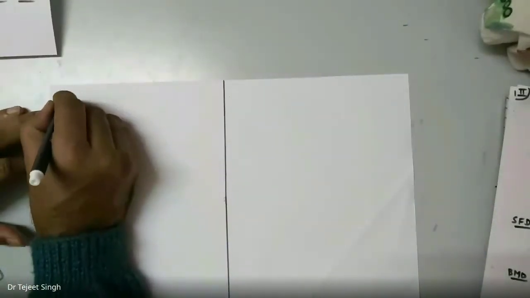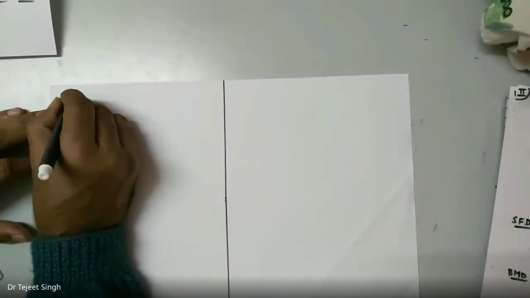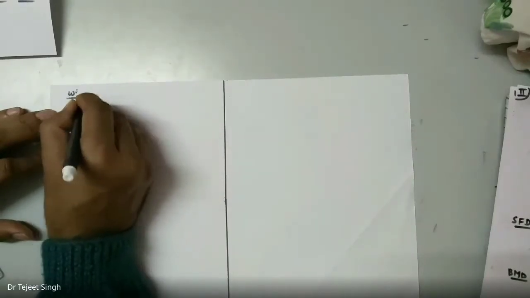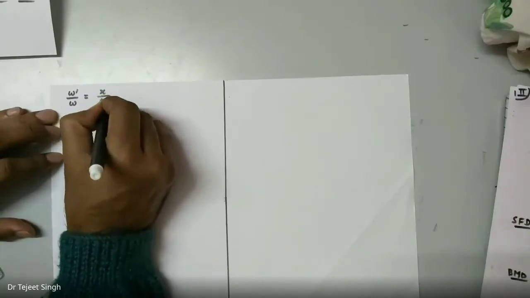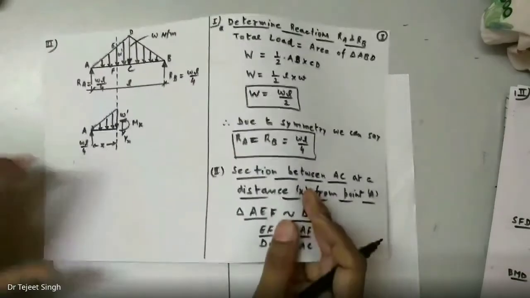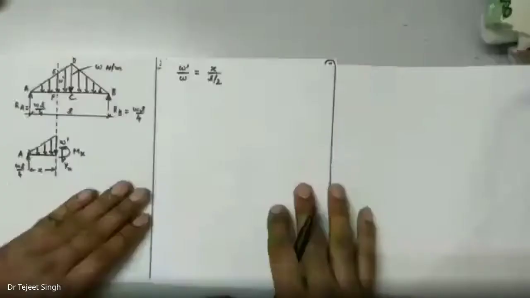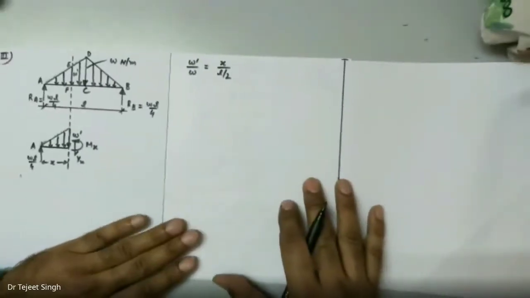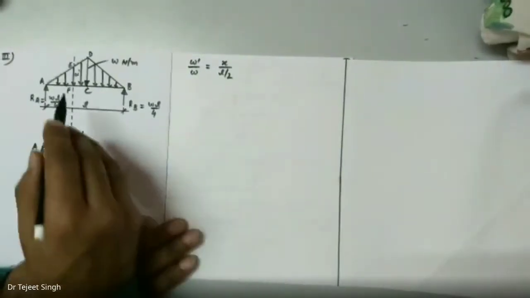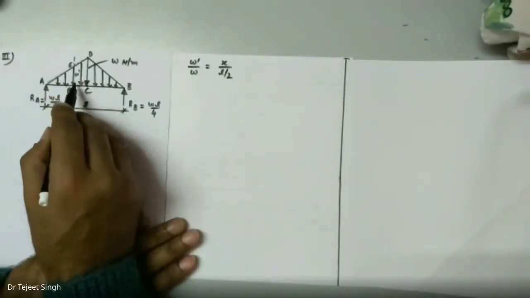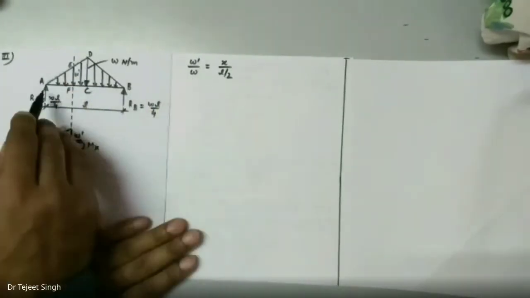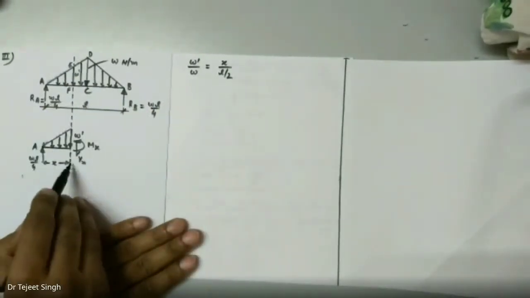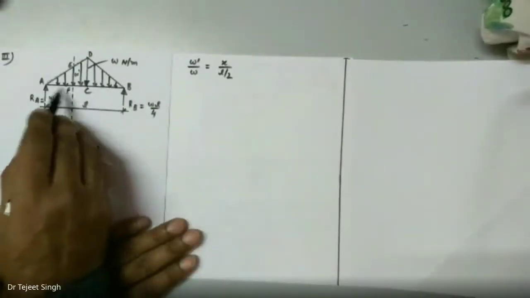Now I write EF. EF is equal to W dash upon W equal to X upon L/2. तो अगर आप देखोगे यहाँ पे, so this EF is equal to W dash, then DC is equal to W, then AF is equal to distance X, and this AC is equal to L/2.